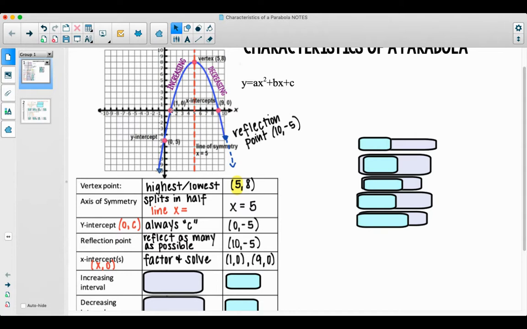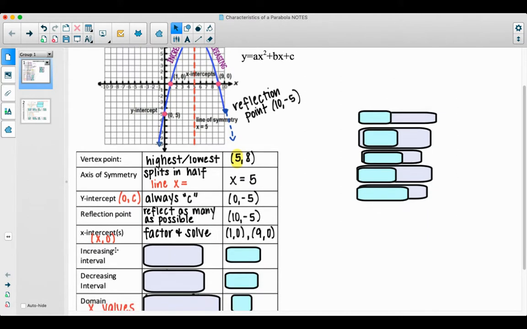So remember, the x-intercept is where it crosses that x-axis, so the y-coordinate is always 0. When we solve by factoring, just like we did last chapter, we set the equation equal to 0. We factor, then we use that zero product property and set each factor equal to 0 and solve from there.